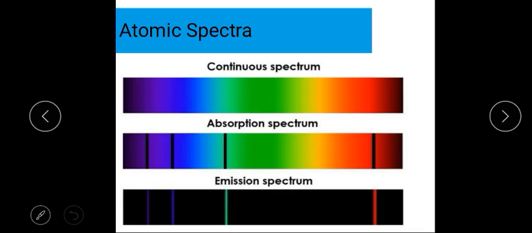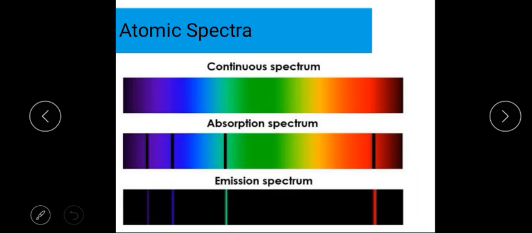Solids, liquids and dense gases emit electromagnetic radiations at all temperatures, due to the oscillations and interactions of their atoms and molecules.